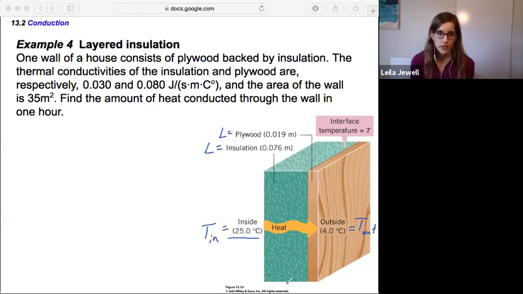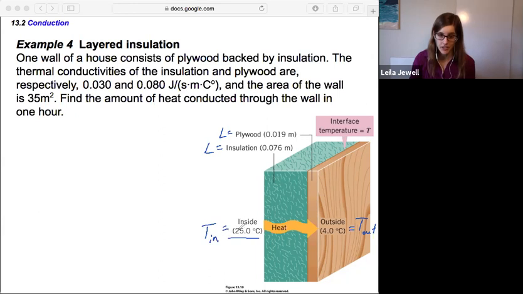So that's all well and good, but because we have two materials, this is a little more complicated, right? Each of those materials has its own thermal conductivity and its own thickness. So it becomes a little bit harder to add them together, in part because each one has a different delta T as well. Our delta T is not going to be for the entire wall. We have to focus on one material at a time.